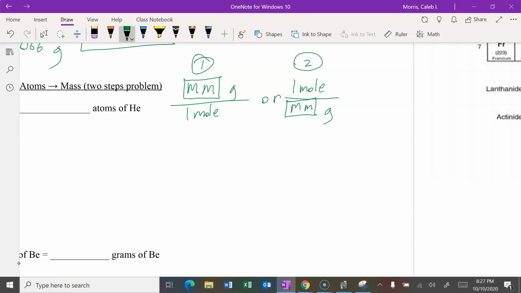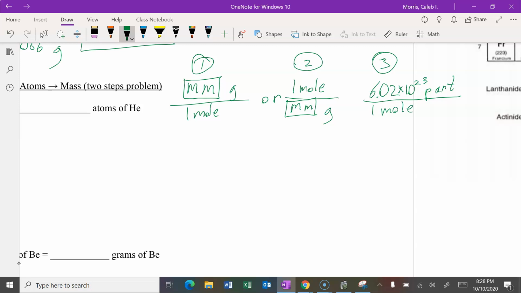And then we have two more that we could have. So choice number 3 would maybe be 6.02 times 10 to the 23rd particles over 1 mole.